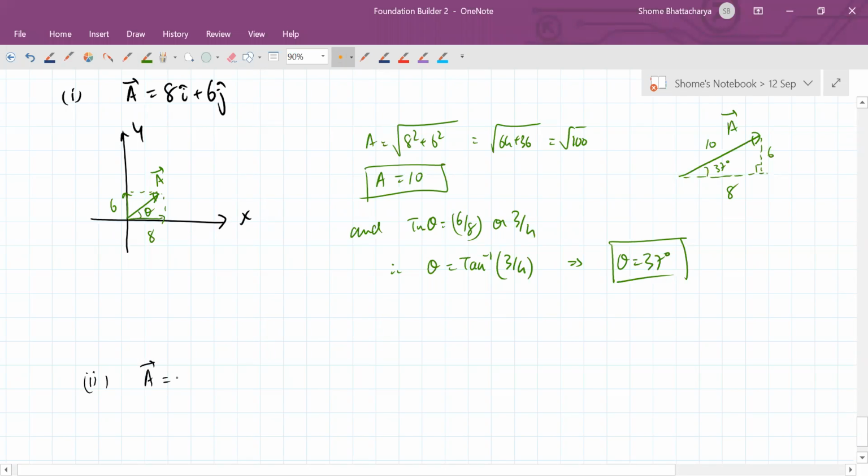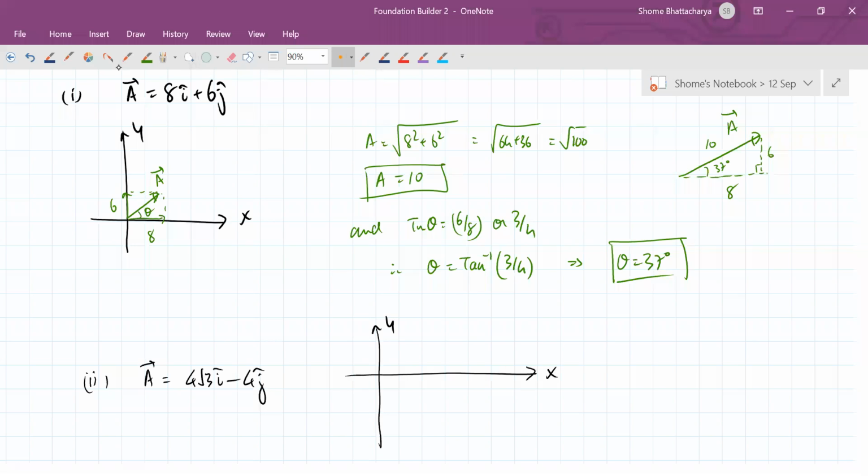is 4 root 3 i cap minus 4 j cap. So again, when you visualize, now in this one you have to visualize, otherwise you will make some kind of a mistake.